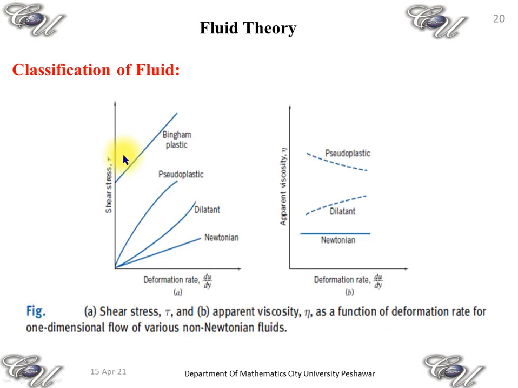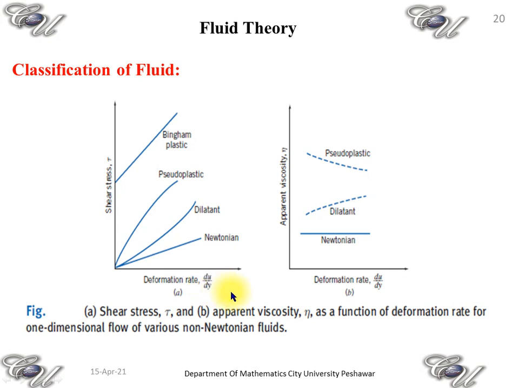Now look at this very interesting schematic diagram. These are the shear stresses, and this is the deformation rate. We will derive this term; the deformation rate is a derivative with respect to time.